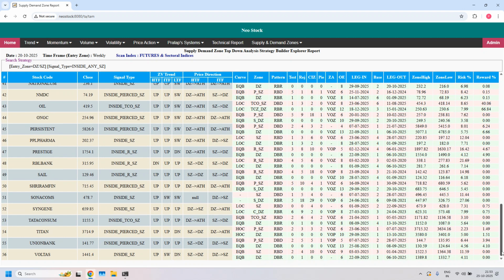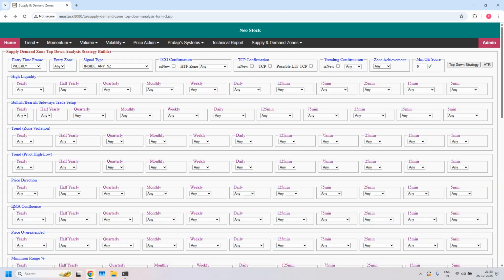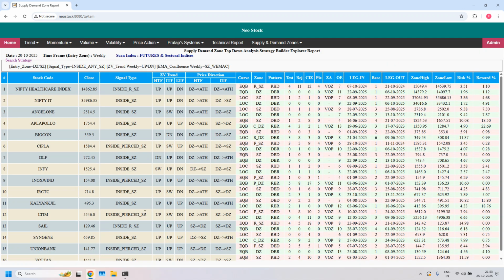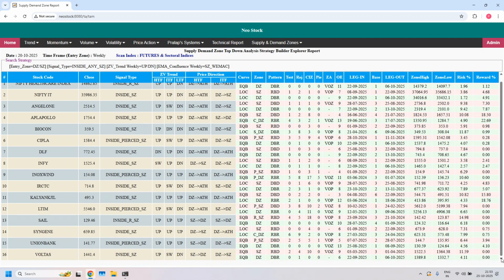We can further filter this list based on weekly supply zone having weekly EMA confluence. At the same time, trend on the weekly should not be sideways. It can be up or down trend. Let's filter. Now the list is reduced. First 15 stocks in the list. Scrolling the list down, total 16 stocks are filtered.